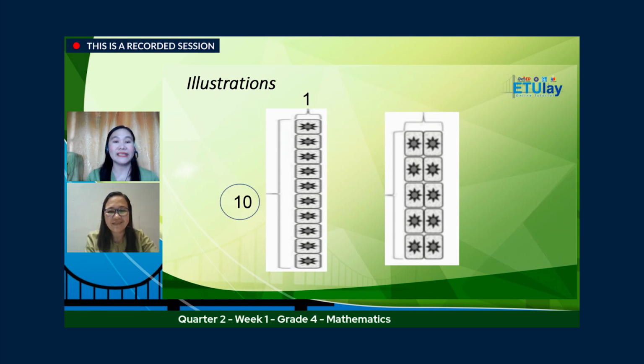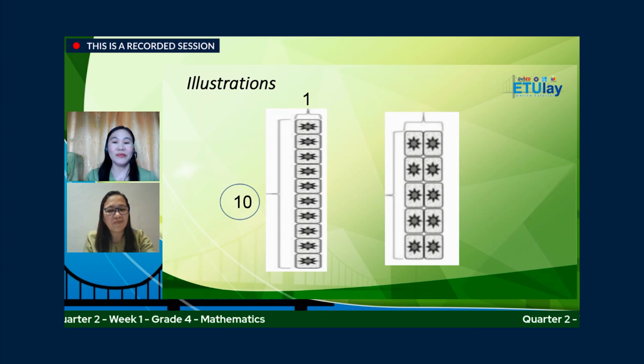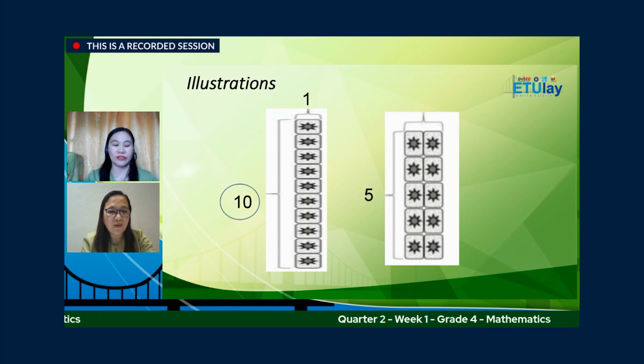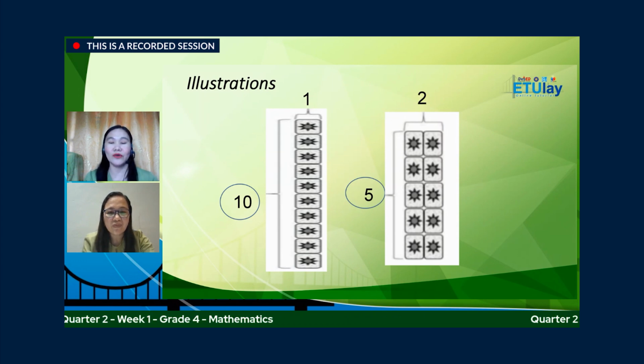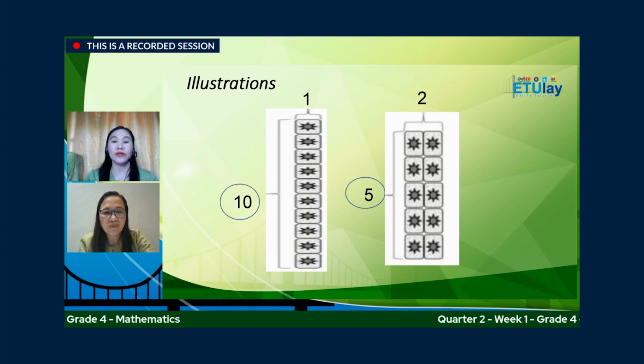Merong tig-isa. Okay, 10 rows by 1 card. On the next picture, there are 5 rows with 2 cards. Makikita ninyo, meron tayong 5 rows of cards and in each row there are 2 cards.